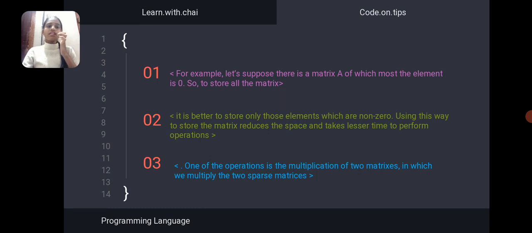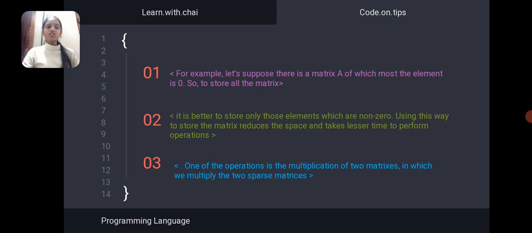This way, we can store the matrix so that it reduces the space and takes less time to perform operations, because the 0 elements are anyway going to be considered null, as we are representing it in an array form. Let's talk about it further.